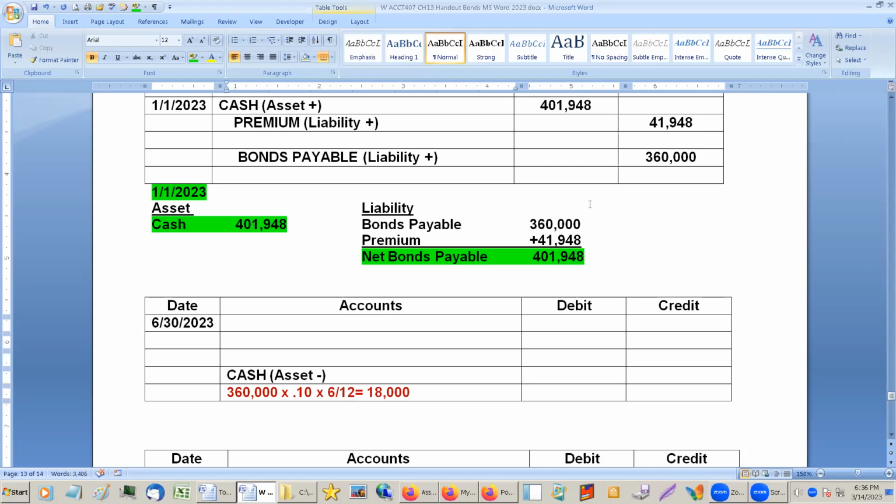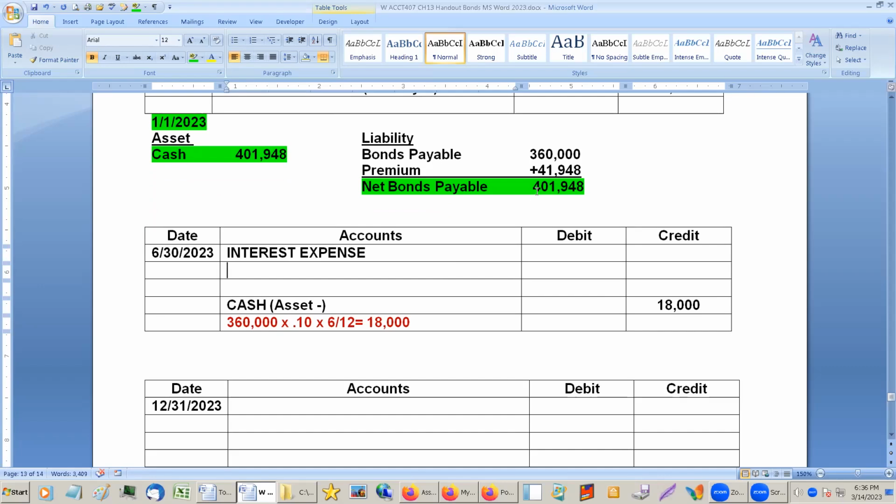So we're going to make this payment to them, 18,000. We're going to have our interest expense. It's 401,948, what we borrowed.